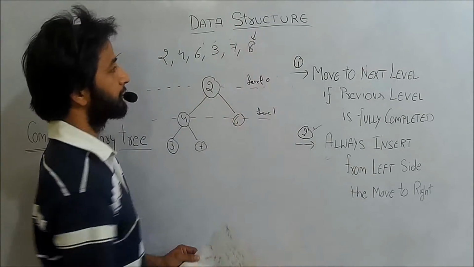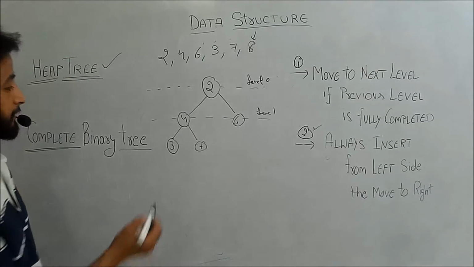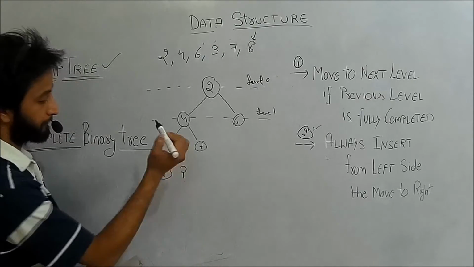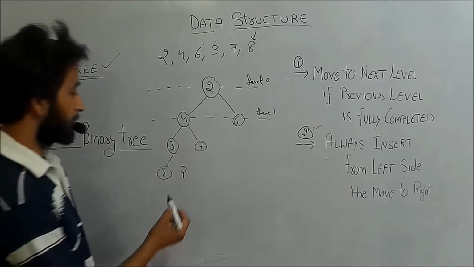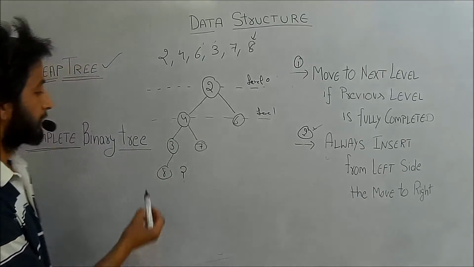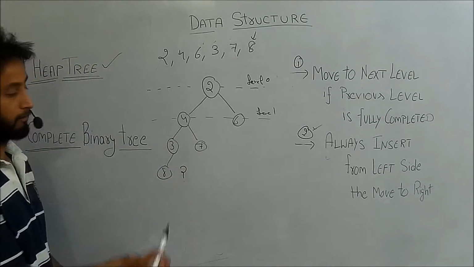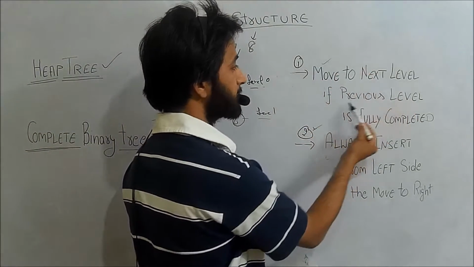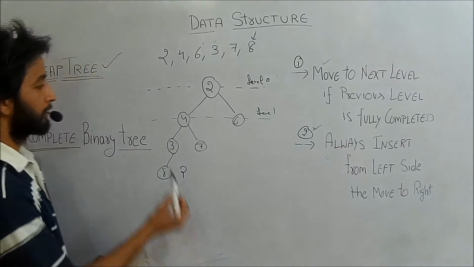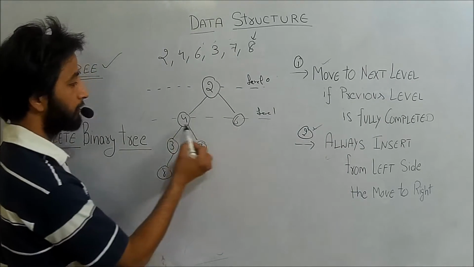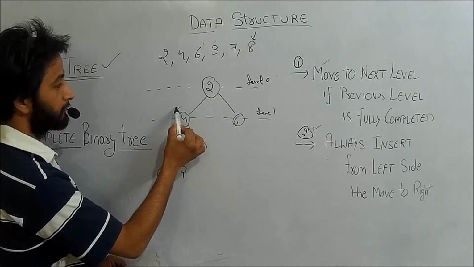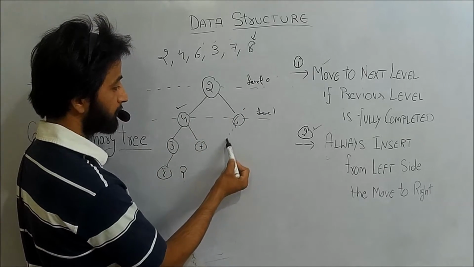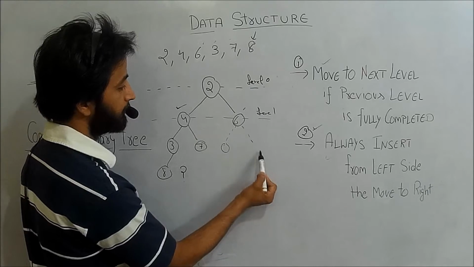Next element is 8. Now the question is, can we insert that element 8 here or not? We cannot insert element 8 to the left of this root, because rule number 1 says to move to the next level if the previous is complete. Let us check here: level 0, this root node is completed, but here 2 more insertions are possible at this level and at this level.